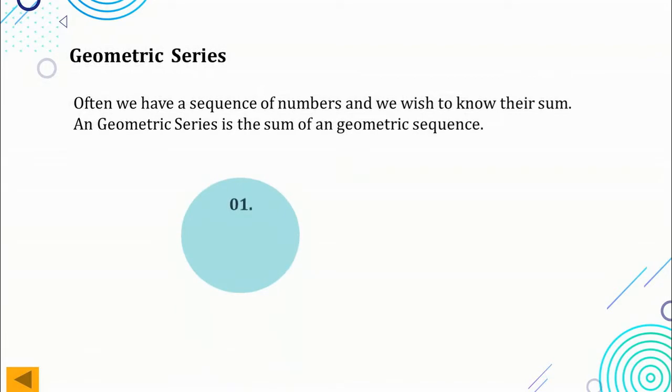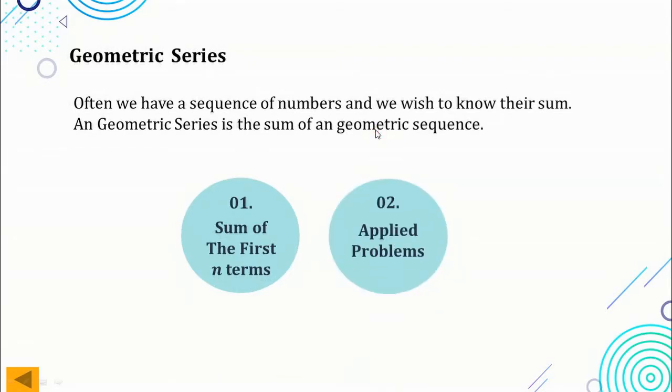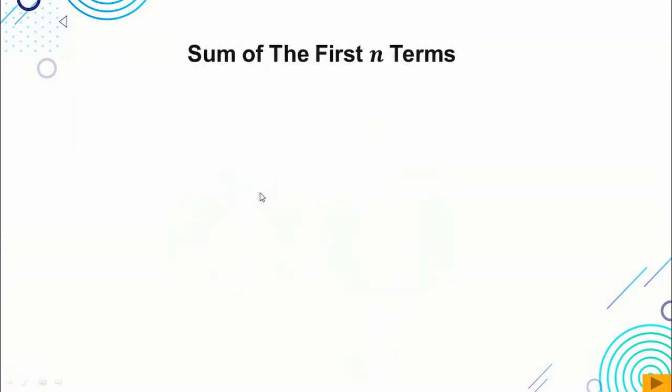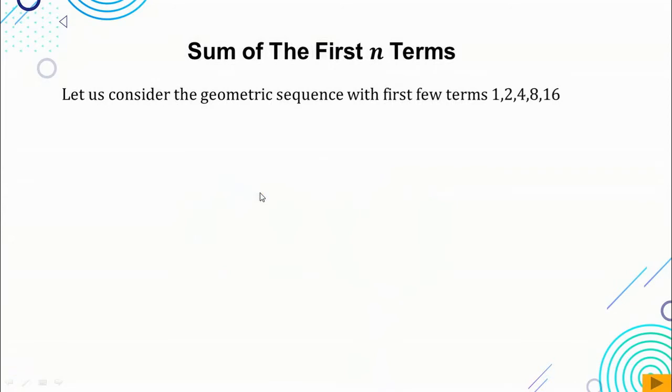Okay, so from here we have the sum of the first n terms of a geometric series. Then of course we have the applied problems. So now let's jump to the sum of the first n terms. Let us consider the geometric sequence with the first few terms: 1, 2, 4, 8, and then 16.